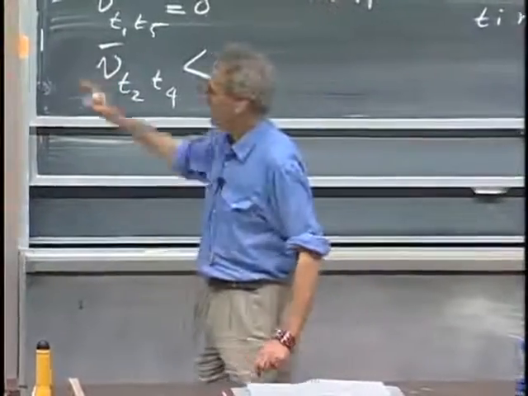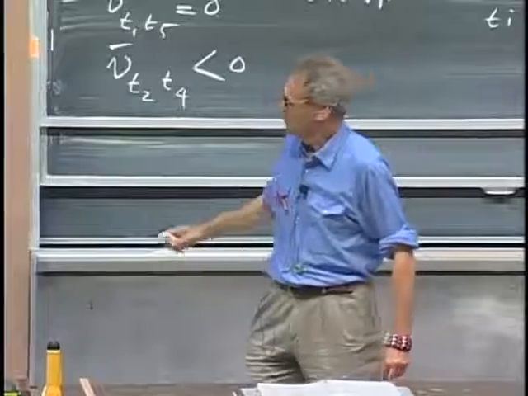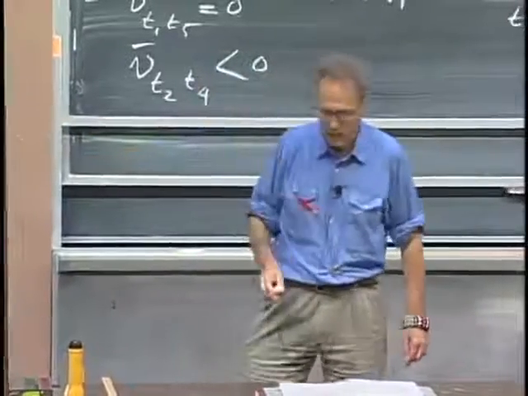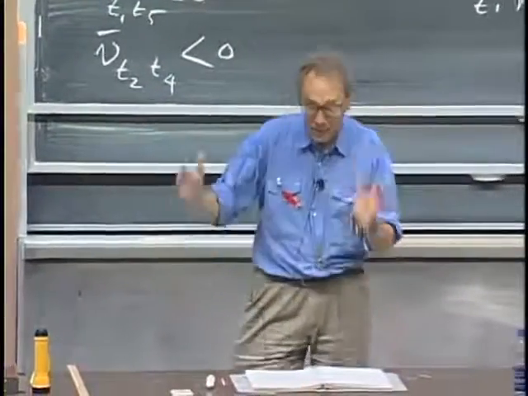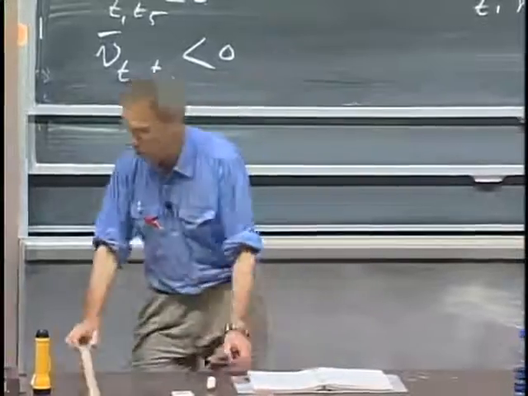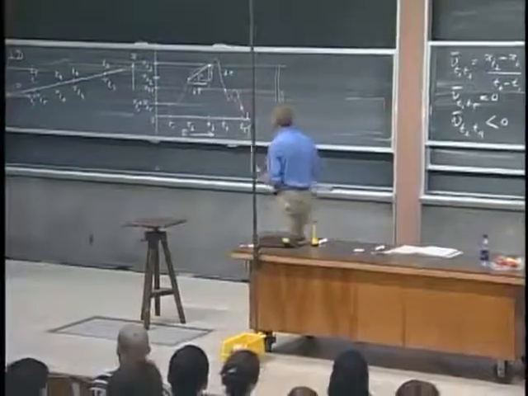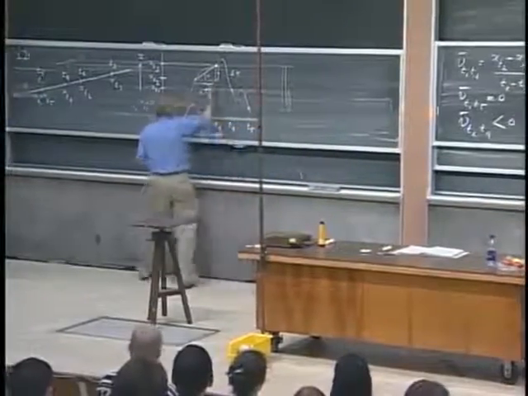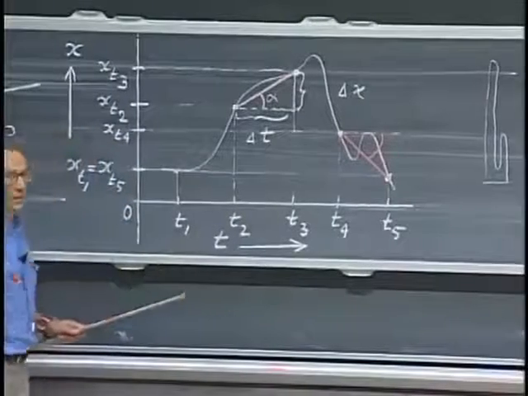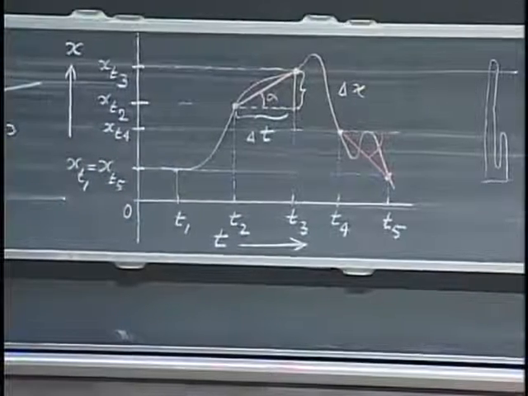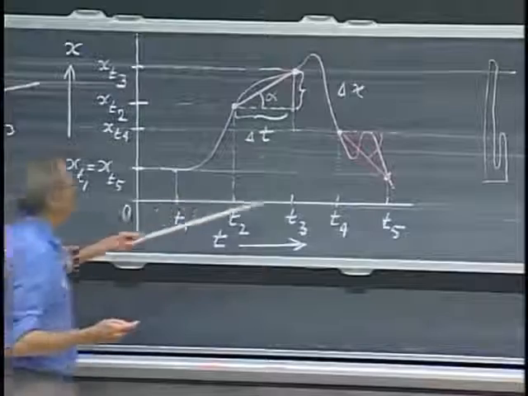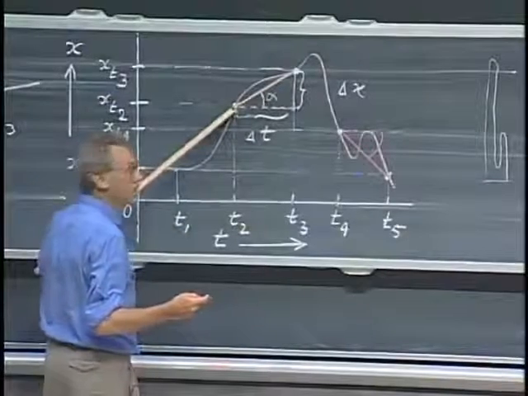If you look at the location t3 and t2, and I bring t3 closer and closer to t2, then this angle of alpha will increase. And I can go to the extreme that I bring t3 almost right at t2.